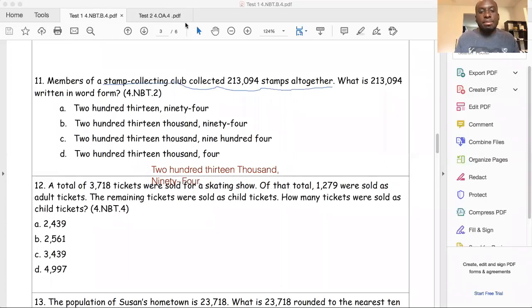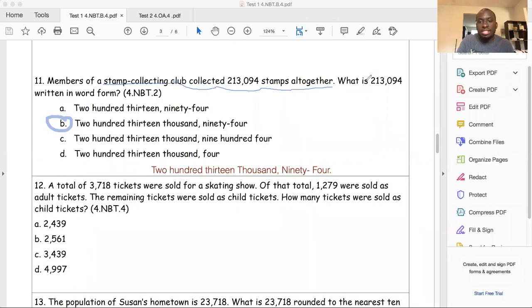Give me a second to move and select this so you can see it all in one form. 213,094, which is answer choice B. Yep, I wrote that number that's in standard notation, because remember, this is standard notation.